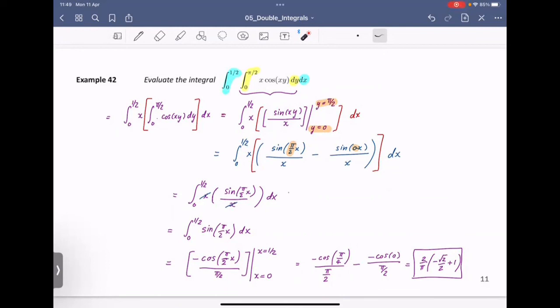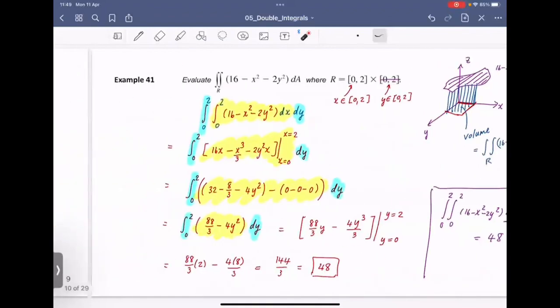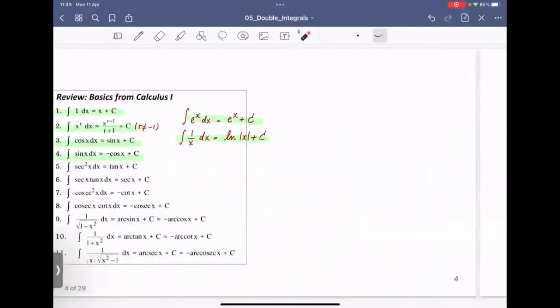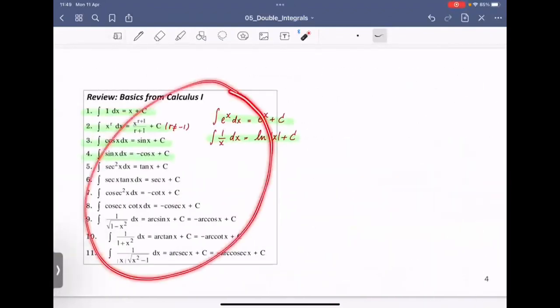Thank you. This is your first day of the integration topic. So the take home point for today is make sure that you learn the basic integration already. If you want to be more confident about the content that we're going to learn after Songkran, make sure that you learn how to integrate this thing.